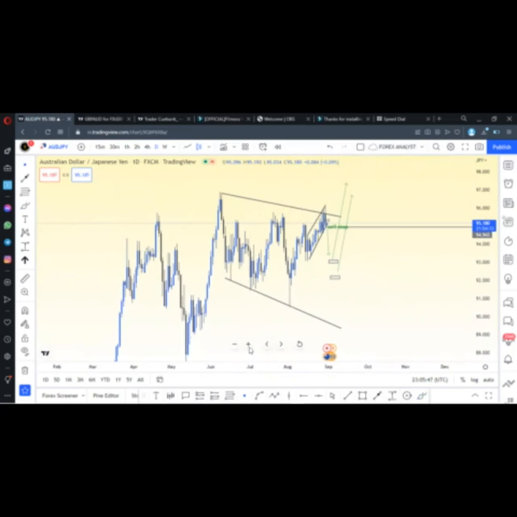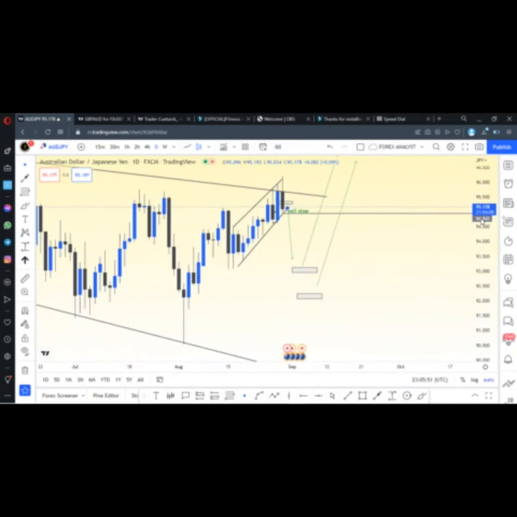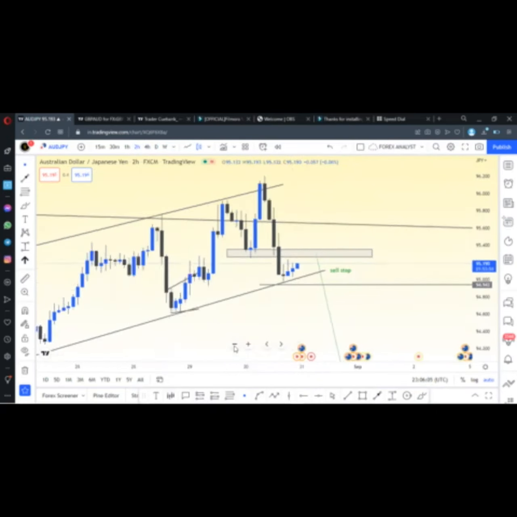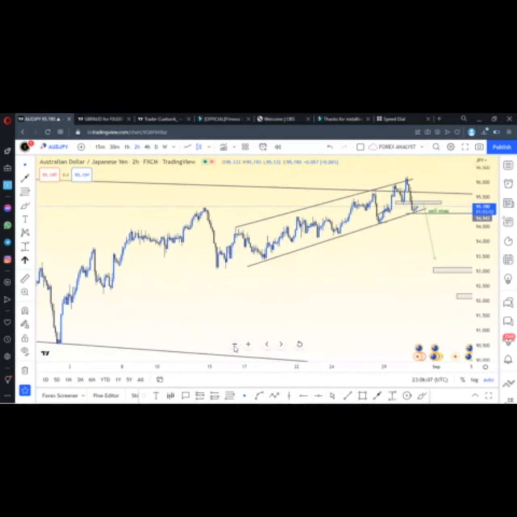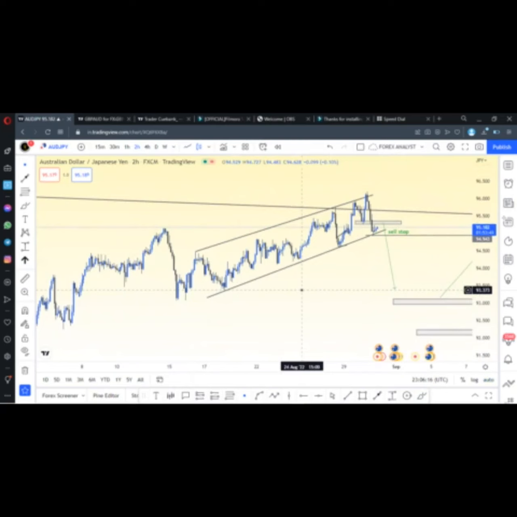The JPY is currently bullish, and the Aussie is currently bearish. So we might look for selling opportunities from here. We're still looking for bearish movements to the downside. So let's wait and see how everything turns out.